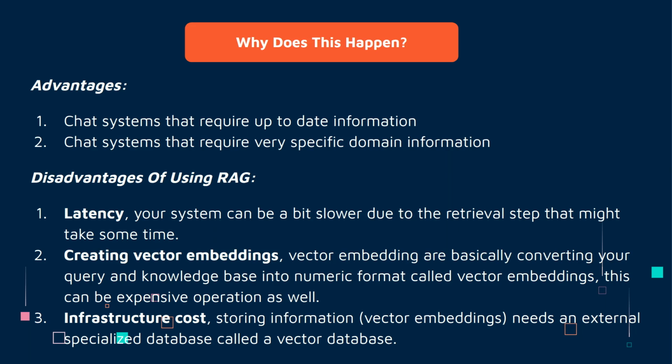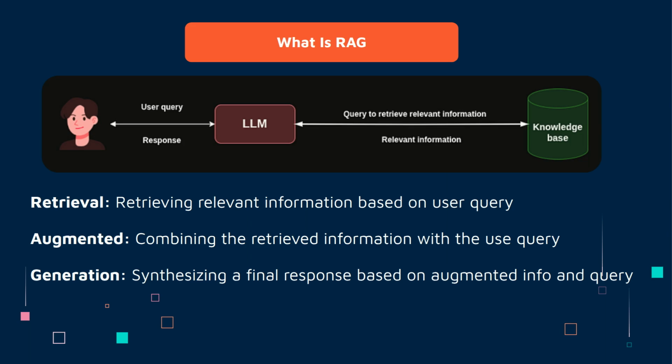Another thing is that it costs more money for infrastructure, because you need to store your vector embeddings somewhere called a vector store. If you convert those into numeric representations, we store them in a special database that we call a vector database or a vector store. So you need to pay for these vector databases from different providers, or you can self-host them.